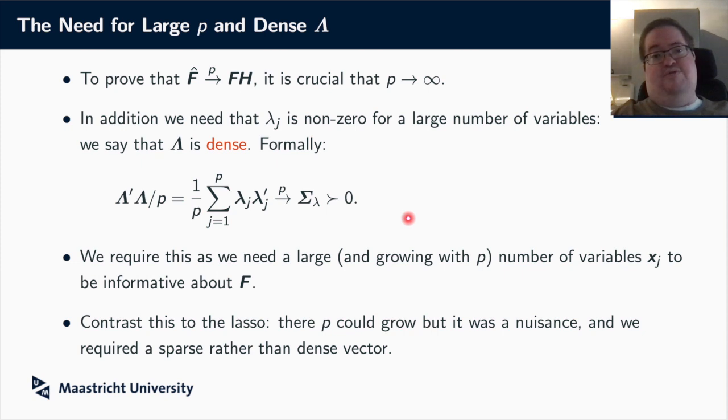And so some people also say that actually in factor models, rather than the curse of dimensionality, we have the blessing of dimensionality. If we have many series X and they are all informative about the factors, so the loadings are dense, then we can actually estimate the factors more precisely.